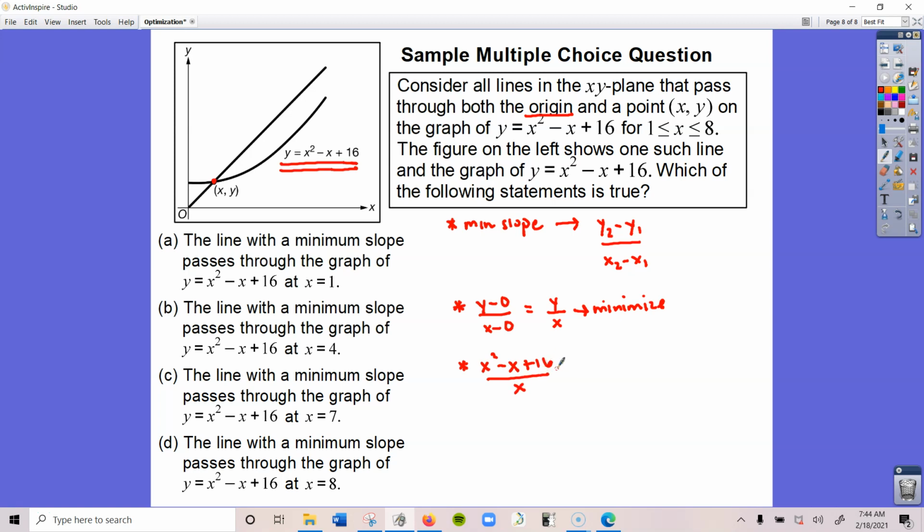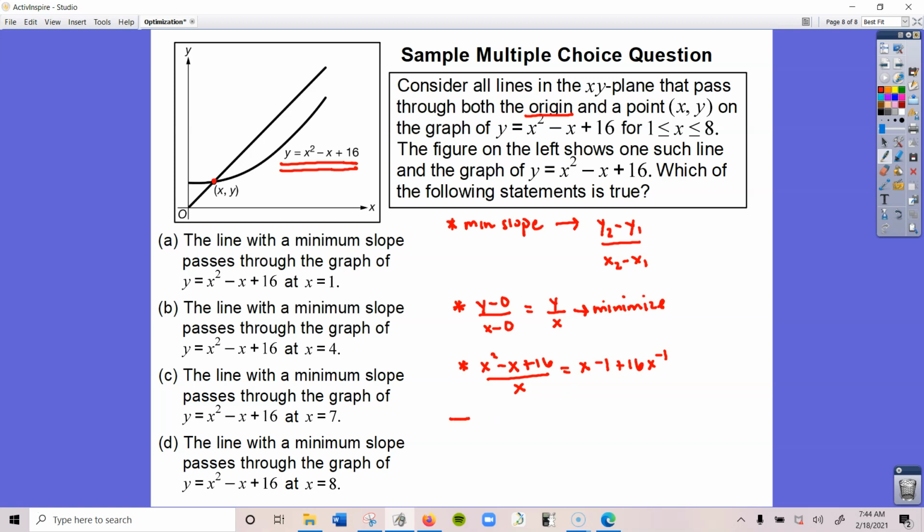I can simplify this since I want to find the derivative so I can get the critical number. So this is equivalent to x squared over x, which is x, minus x over x, which is 1, plus 16 over x, which is 16x to the negative 1.